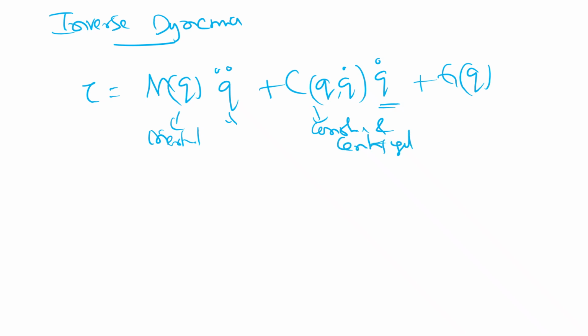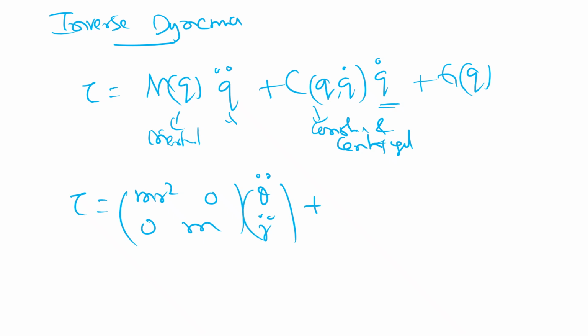So in the RR manipulator also we have this, and in the RP manipulator also we have. So in the RP manipulator, let's recall what that is. Tau is equivalent to the matrix m r square, 0 and then 0, m. Here the two variables are theta double dot and r double dot.